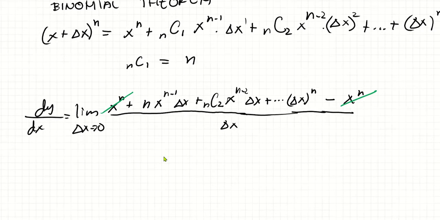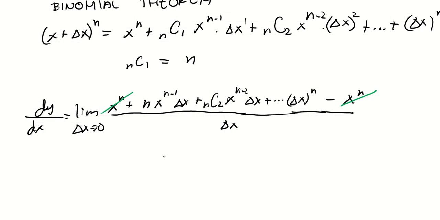And the remaining terms, if we try to observe what will happen to the remaining terms. So here, delta x approaches 0. We have nx raised to n minus 1 times delta x. So if we divide it with delta x, that will be just equal to nx raised to n minus 1.